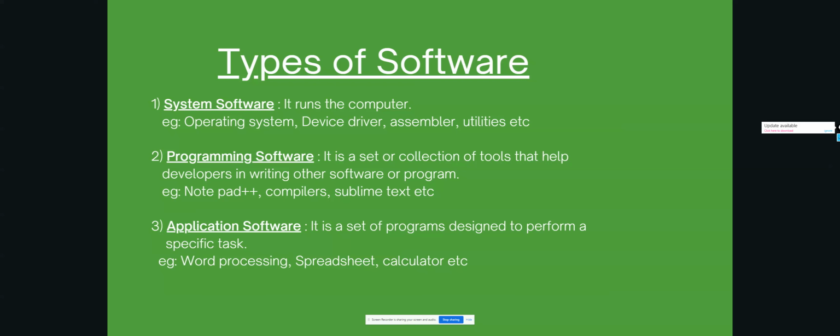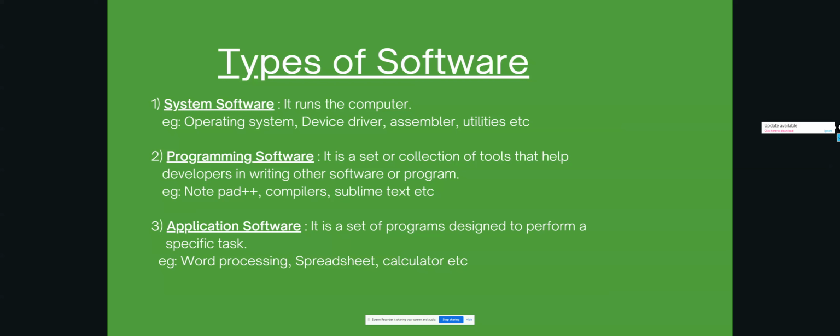So in MS Word, you can type any letters in a Word format. You can make the alignments. You can change the font size. You can change it to bold, italics, underline. All these things will be present in the MS Word application.